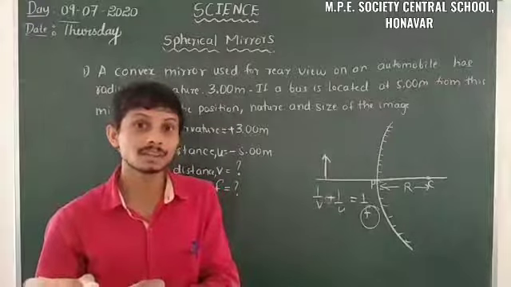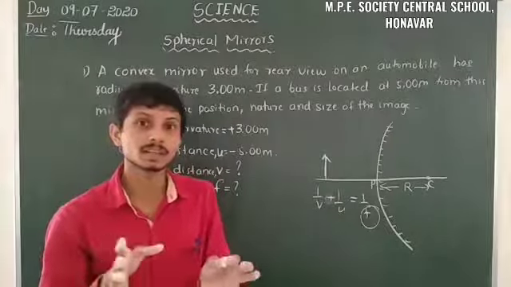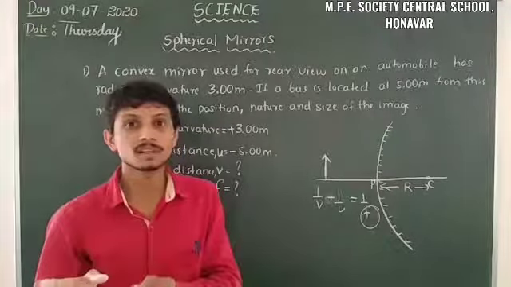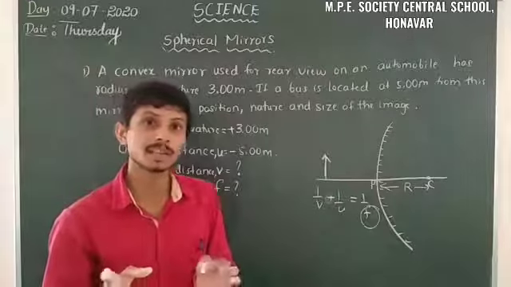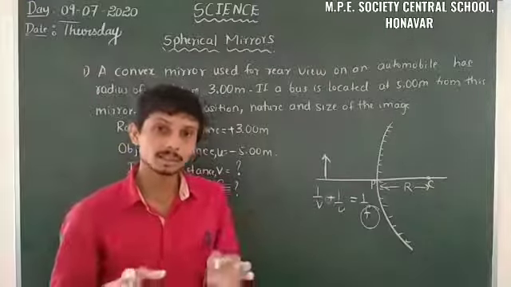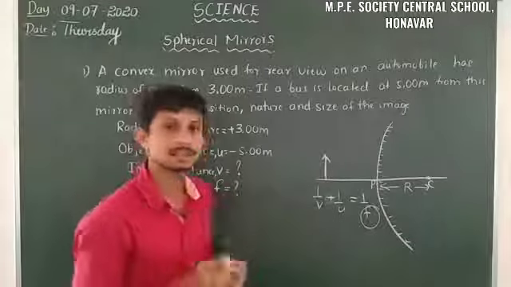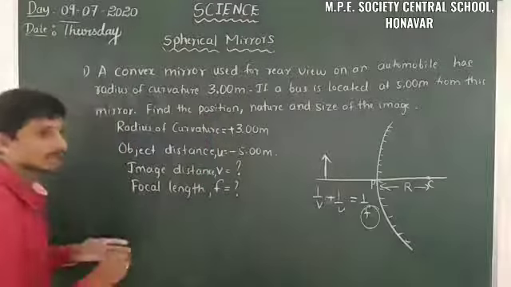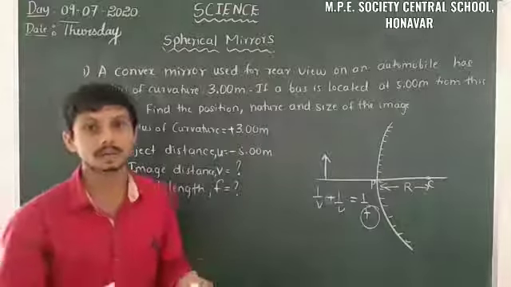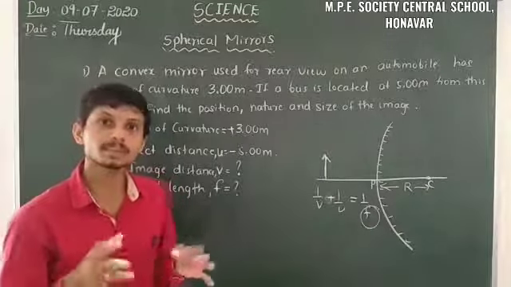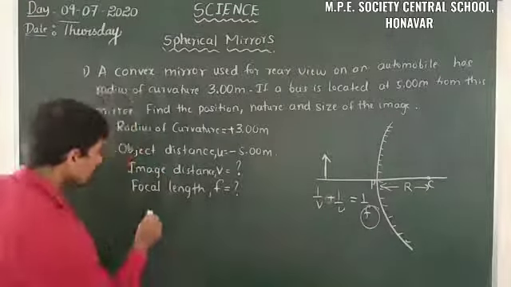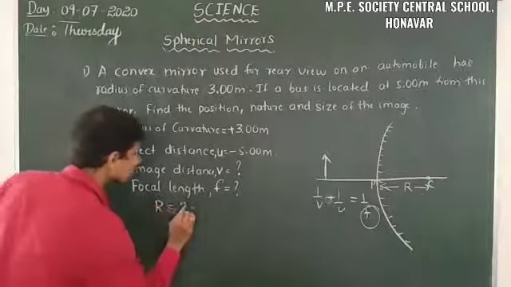From that relation we can find the focal length here. The radius of curvature is twice the focal length, that is R is equal to 2 into F.